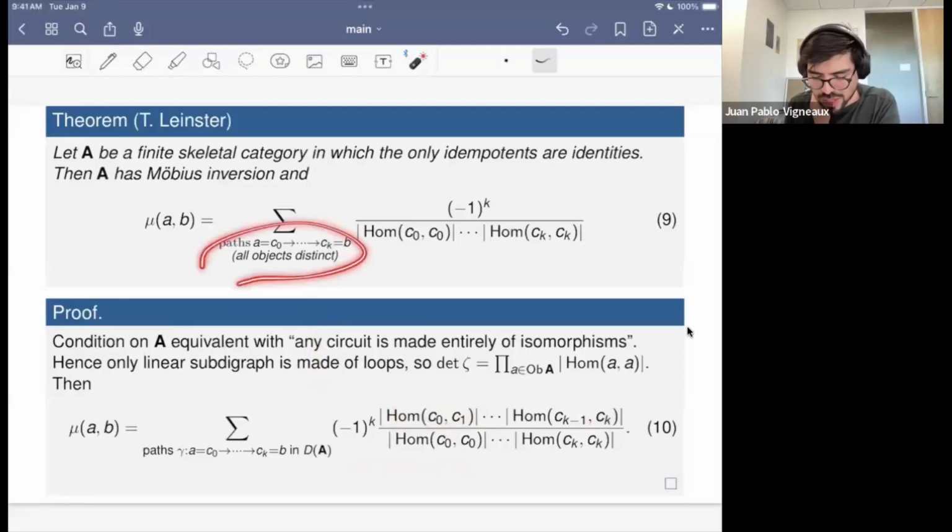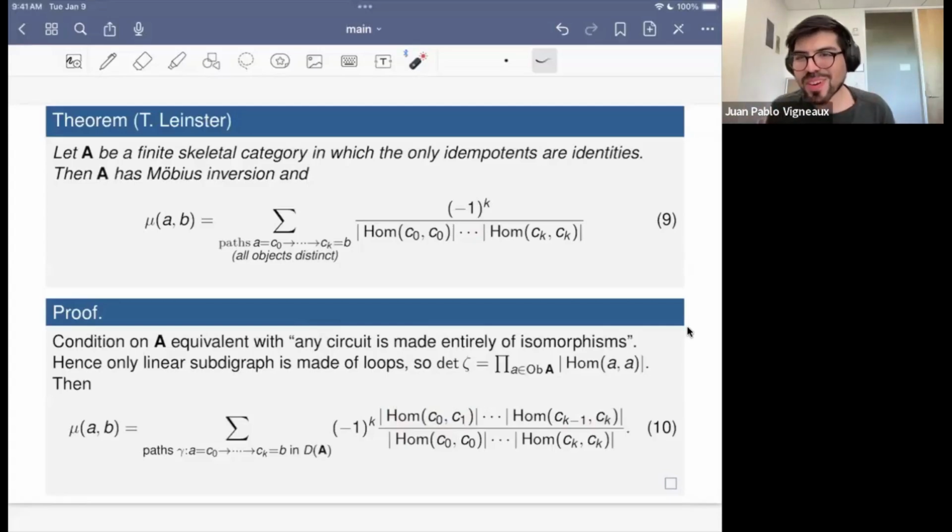Here is a sum over paths on the category with the signs, and then these normalizing factors. It's a very brief explanation of how the proof works, but what I want to illustrate is that you can recover this proposition in a natural way. But the advantage now is that we have a more general proposition that is valid beyond this hypothesis.